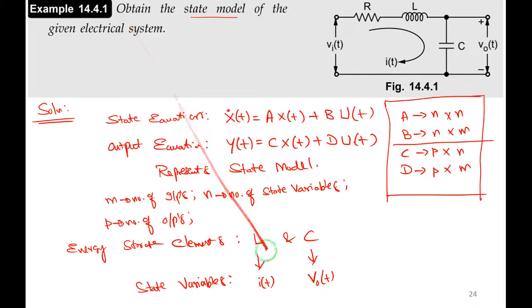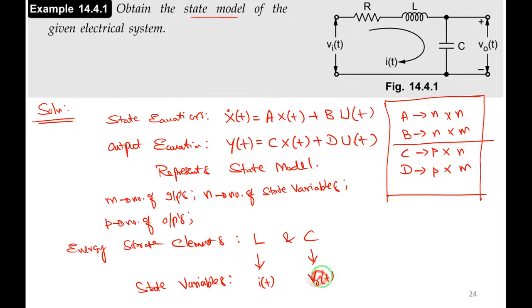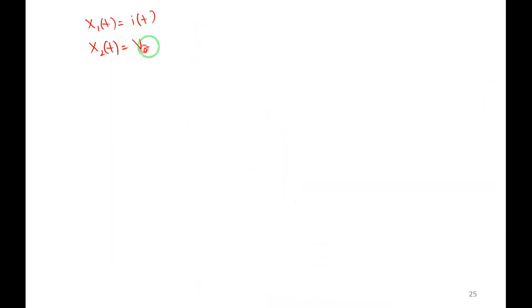So let me call the first state variable x1(t), this current i(t). Then the second state variable x2(t) is nothing but v0(t).